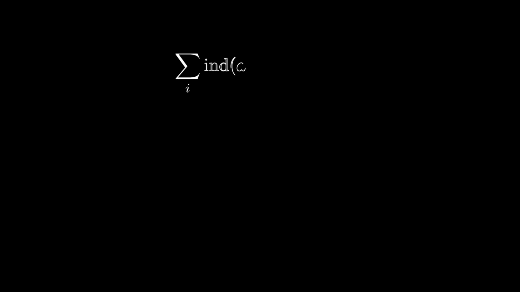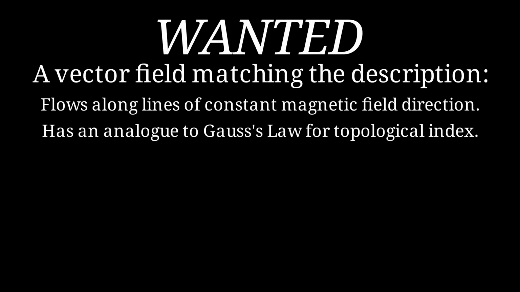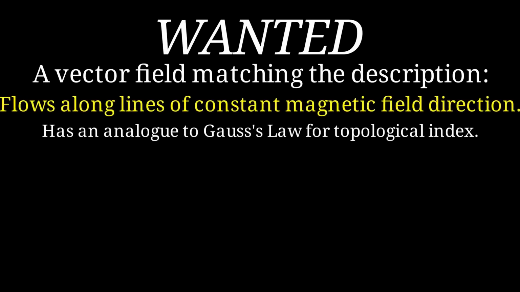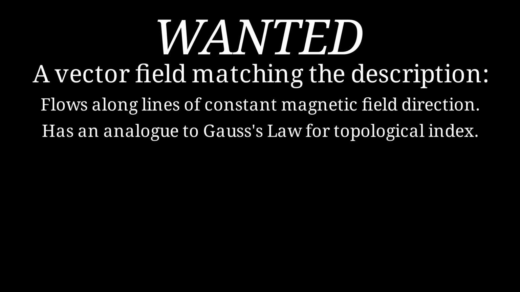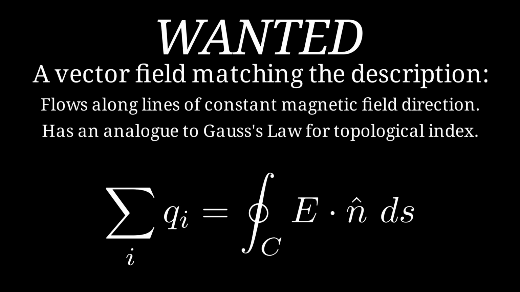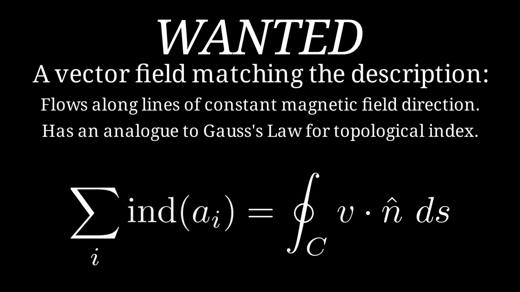Maybe there is some vector field, similar to an electric field, that makes both of these things happen. So, what we would like to do is find some vector field whose streamlines are the lines of constant magnetic field direction we were looking at earlier, and that counts topological index the same way Gauss's law counts charge.